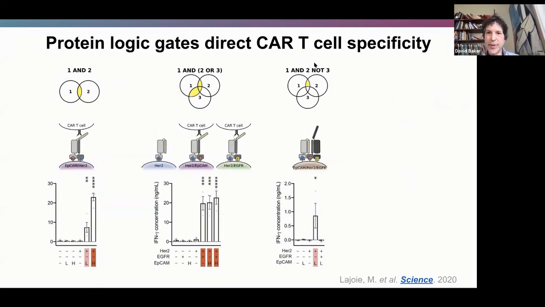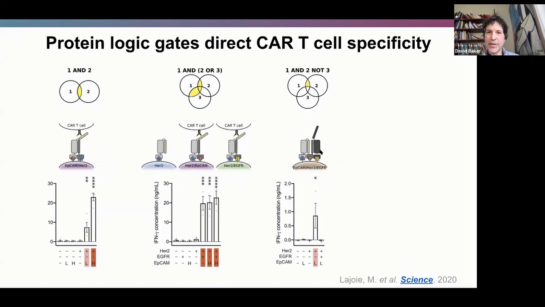So here, this is a little bit more complicated. So imagine a tumor cell, which has two markers which only occur together on the surface of the tumor, and then it also has a healthy cell marker. And we want to make sure that we don't activate CAR T cell signaling of any cells that have that healthy cell marker. So then what we do is we take the two components of the switchable system that I described earlier, and direct it to the two components which occur on the tumor cell.